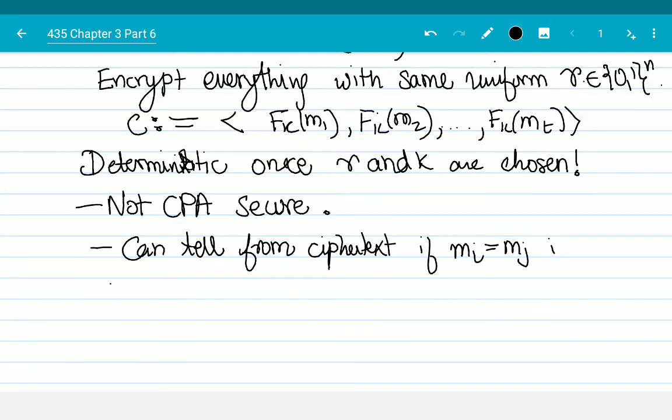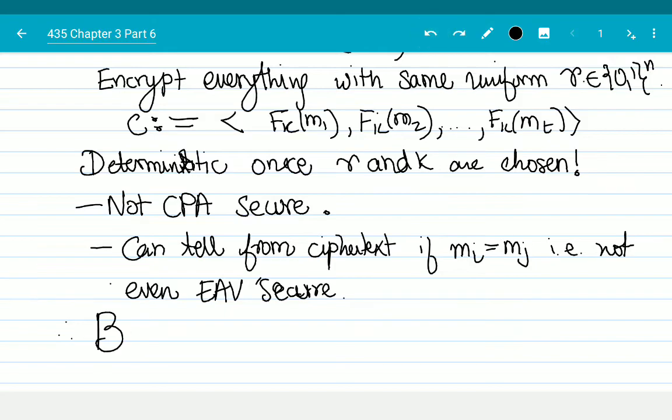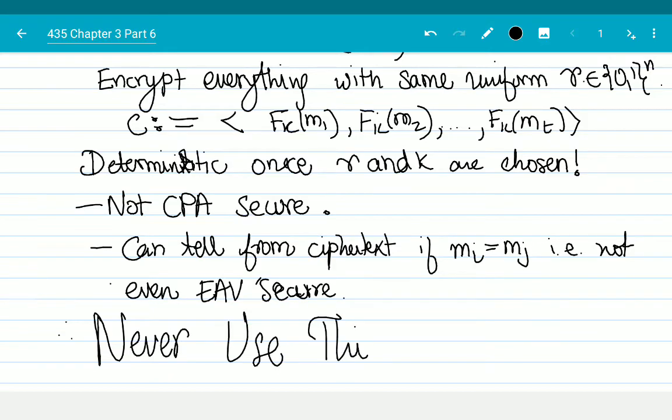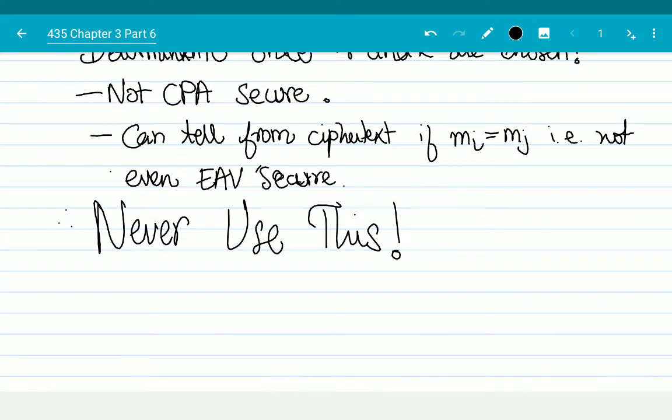Therefore, big no. So never use this. This is a terrible method, and we are looking at it only for historical importance.